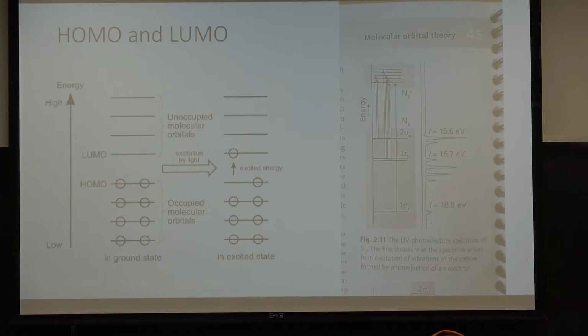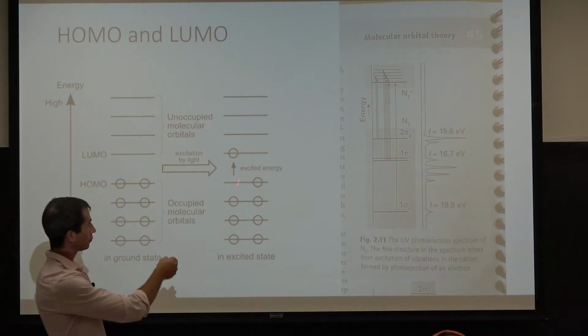Particularly in reactivity, if a highest occupied and a lowest unoccupied have favorable energetics, then you can get a reaction. And we'll show an example of that here briefly. But in terms of spectroscopy, this is where these kinds of lines would fall.